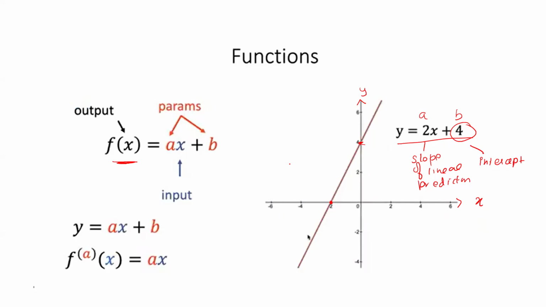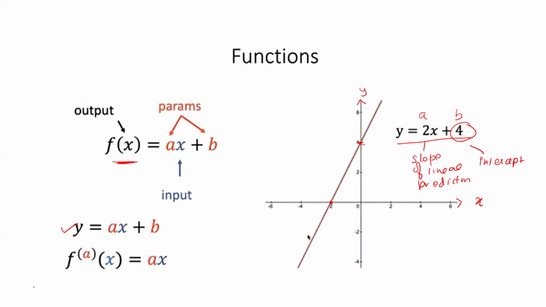Now in this example we had seen that y is of the form y equals ax plus b, where a is your slope, b is the intercept, and x is the input that is given, and with that you calculate the output y.